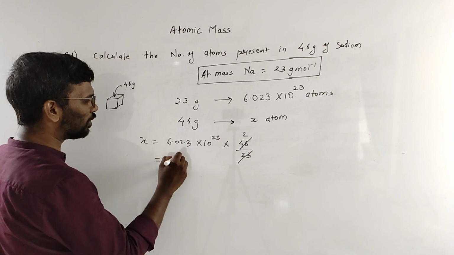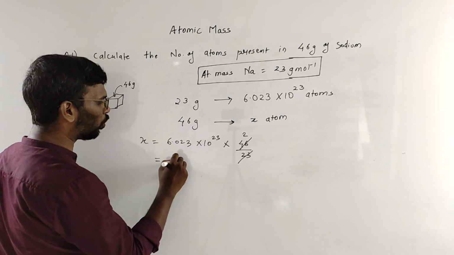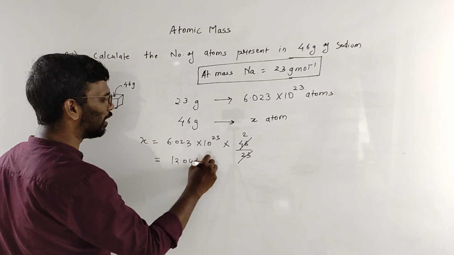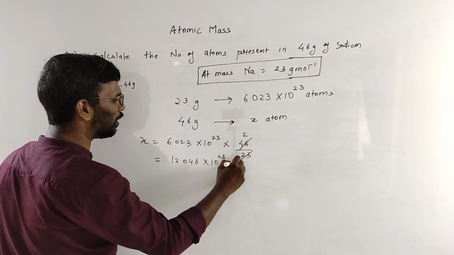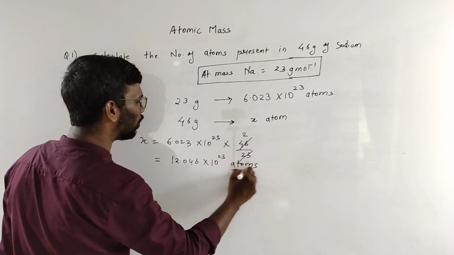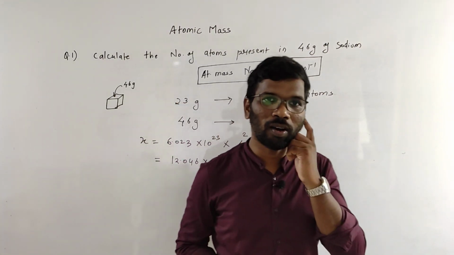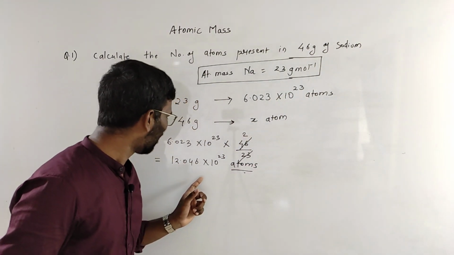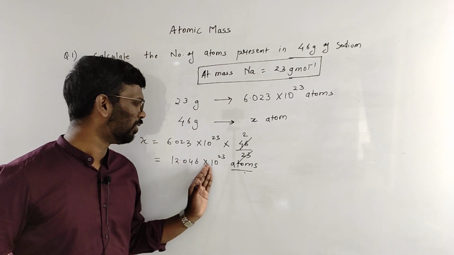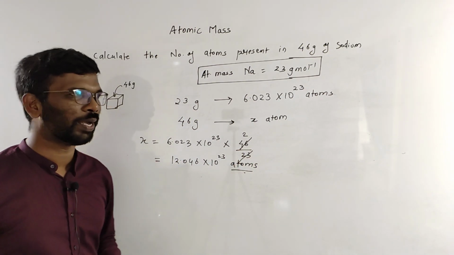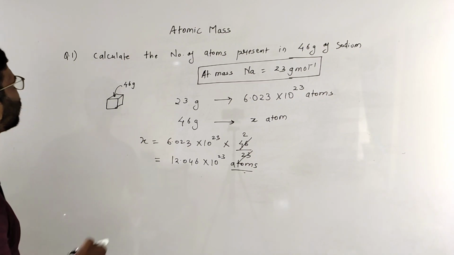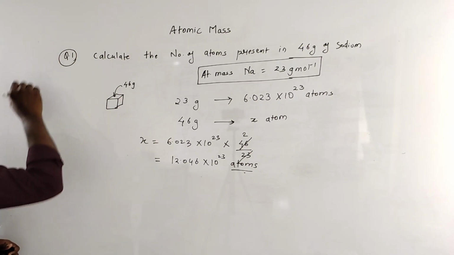And what is the answer? 6 into 2, it will be 12.046 into 10 raised to 23 atoms. So this block which is weighing 46 gram will have how many atoms? 12.046 into 10 raised to 23 atoms. This was the question 1.